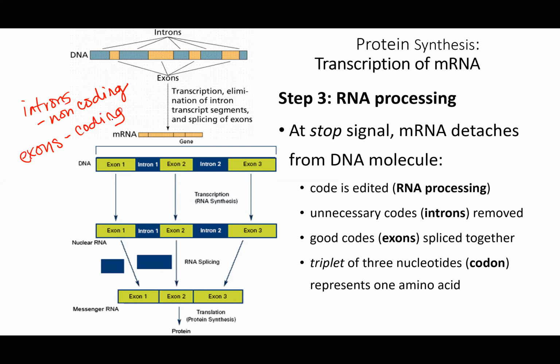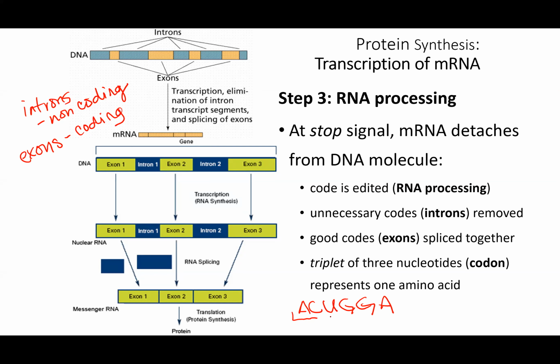What's important to know is that a sequence of 3 nucleotides is called a codon. For example, if I just draw C, A, C, U, G, G, A, this is just a small little sequence on the mRNA molecule.